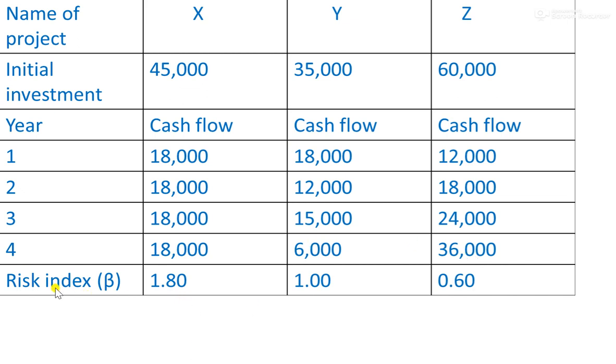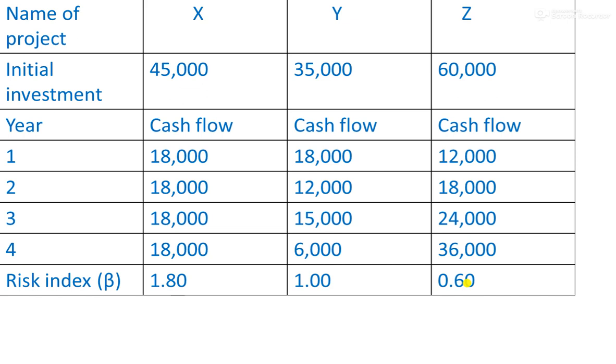This is the risk index. We use beta to express this risk index. This is the beta sign. Another name of beta is the risk index. The risk index is 1.80 for project X, 1 for project Y, and 0.60 for project Z. This is the question, dear students.